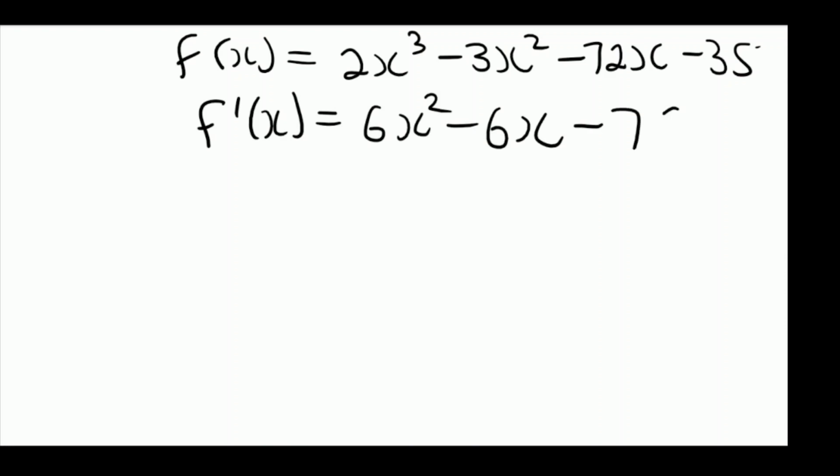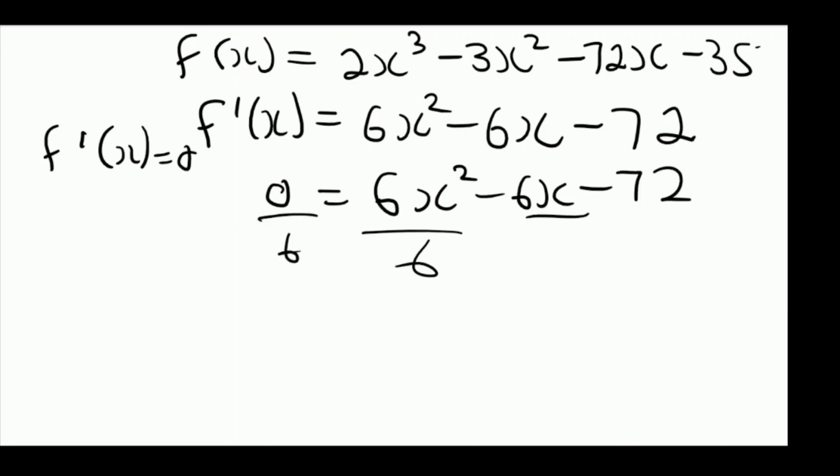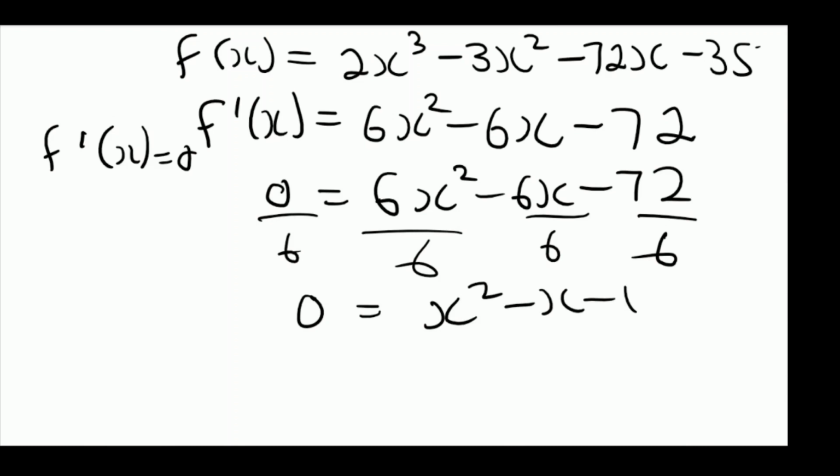6x minus 72, right? And then we equate the derivative to 0. So it's going to be 0 is equal to 6x squared minus 6x minus 72. And we divide by 6 on both sides, and we'll have 0 is equal to x squared minus x minus 12. And then we factorize.